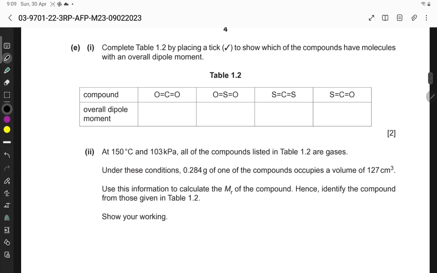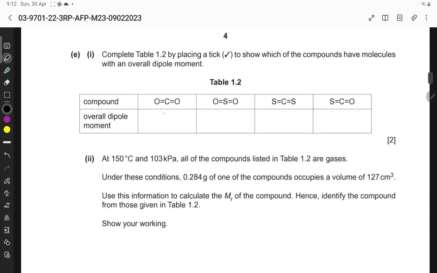Complete table 1.2 by placing a tick to show which of the compounds have molecules with an overall dipole moment.